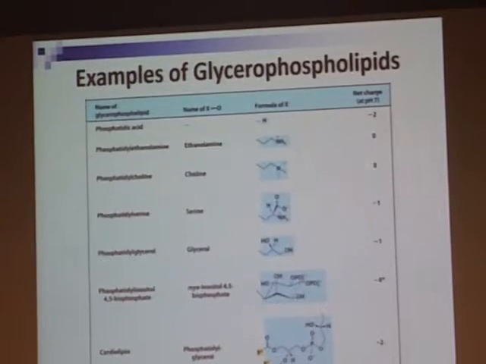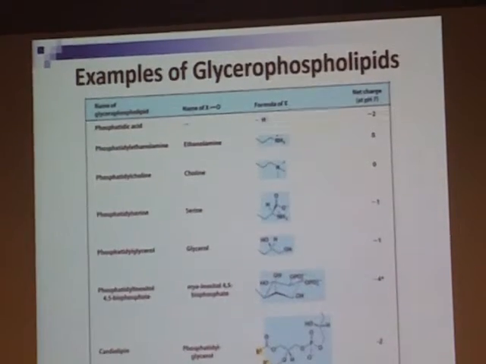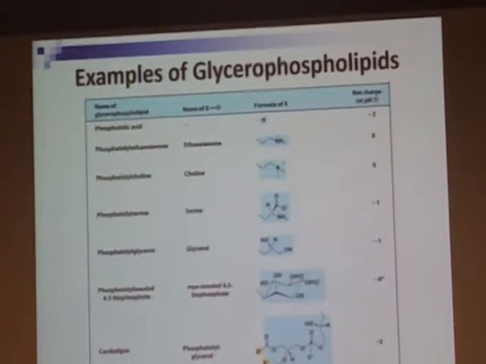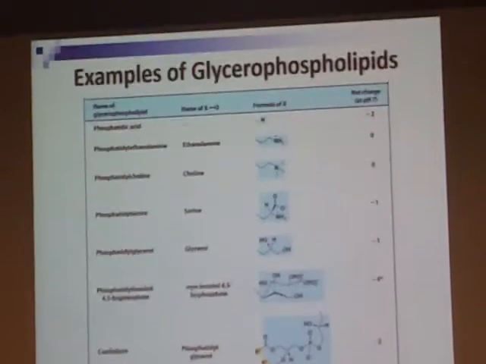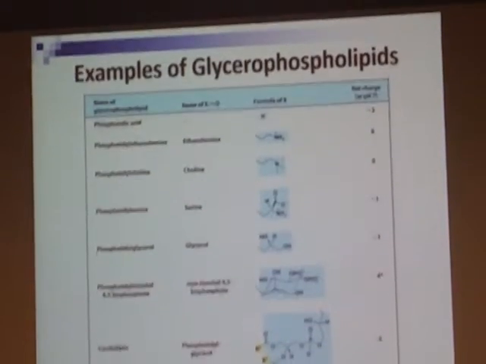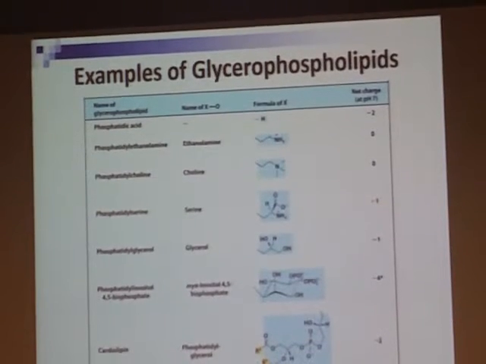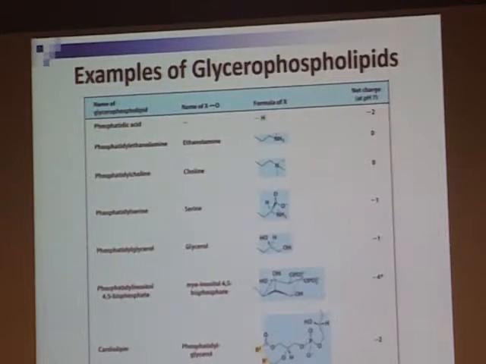Then we talked about polar head groups: ethanolamine, choline, and amino acids like serine, and glycerol, and how attachment of these to that phosphate head group completely changes its chemical properties. We go from having just a phosphate group to now having a charged amino group, a tertiary or quaternary amine.